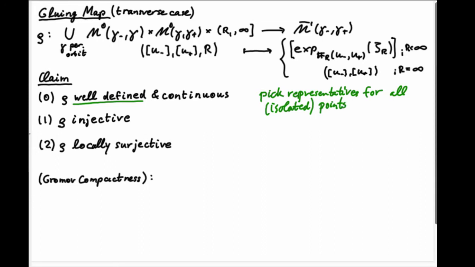Strictly speaking, I should write orbits as something that doesn't know about a representative, so this curly U is an element in one of these M zeros. By picking a representative, I mean finding an element in that orbit, or writing curly U as the equivalence class given by U.